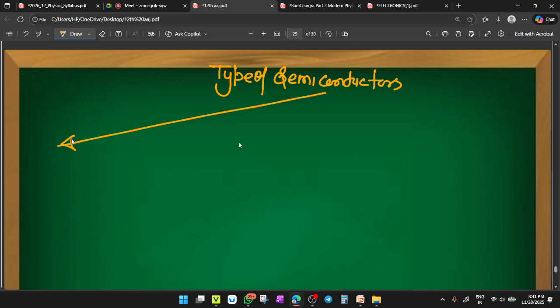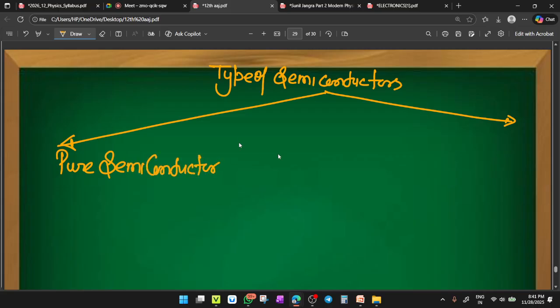There are two types of semiconductor. First, you have a pure semiconductor. So the first category is pure semiconductor. Clear? Second is impure semiconductor.